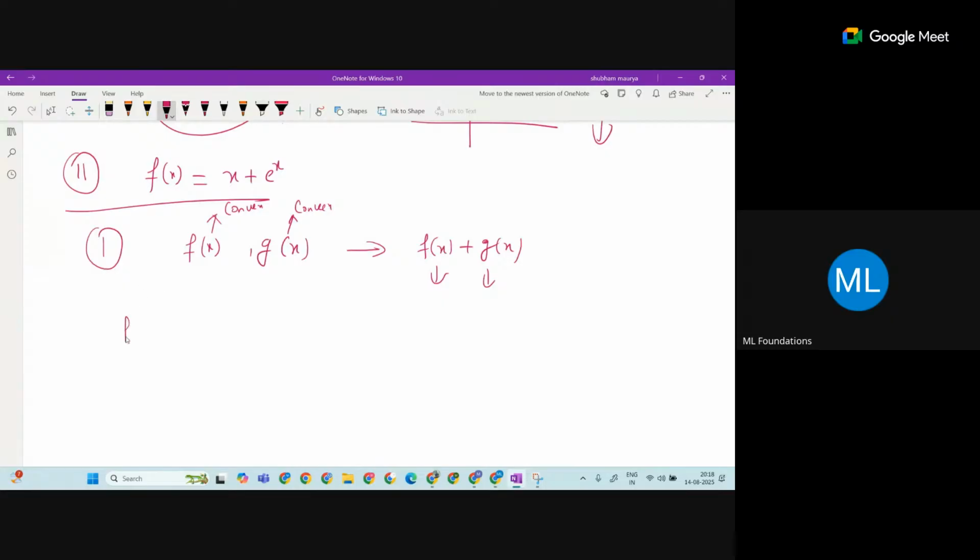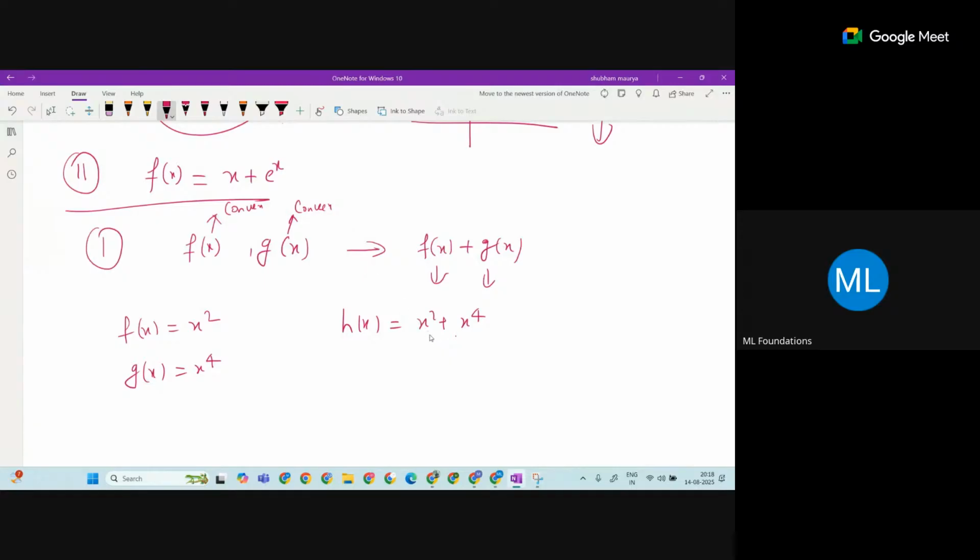Let's say I have a function f(x) equal to x square and g(x) equal to x to the power 4. Think of a function h(x) in this case, the addition of two functions.